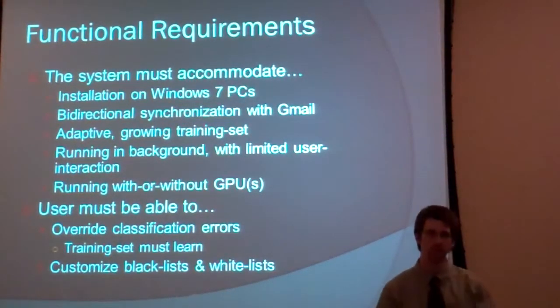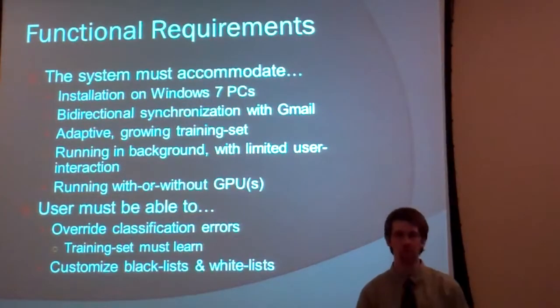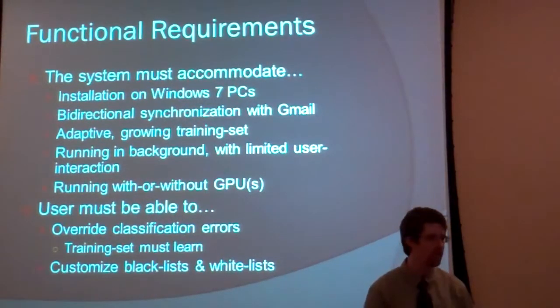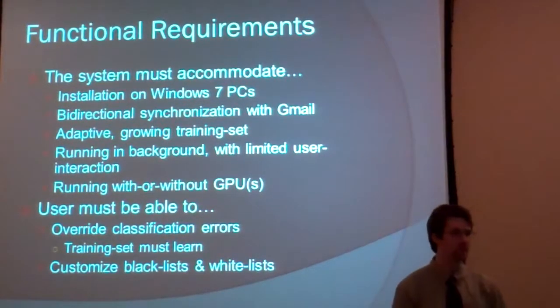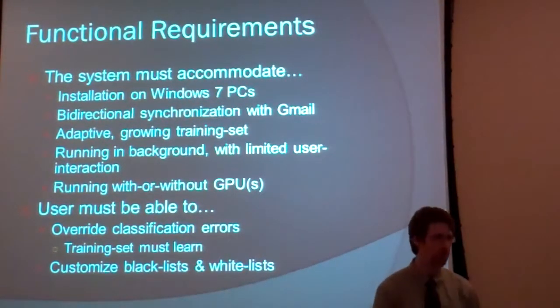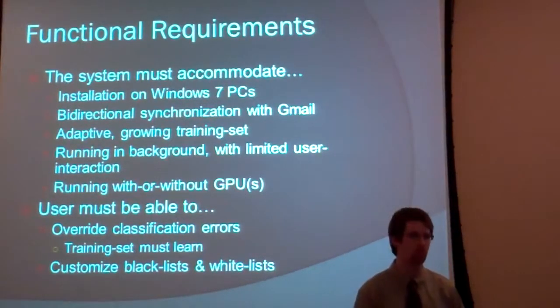And additionally, the training set has to adapt to the new types of emails added to the database, be they spam or non-spam. The program itself needs to run in the background with as little user impact as possible. And it has to be able to run on computers regardless of whether or not they have compatible GPUs.